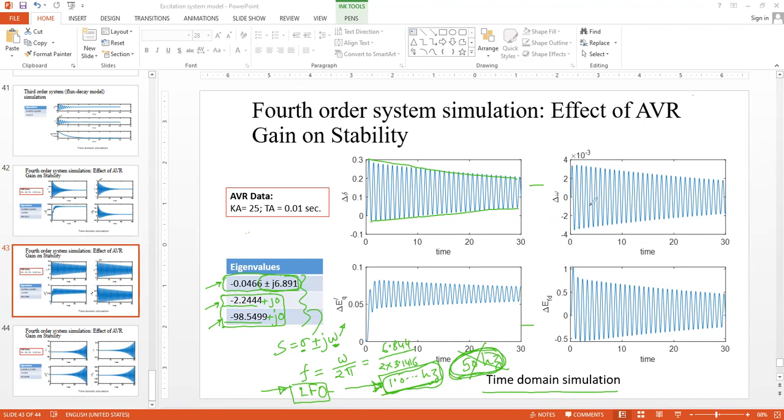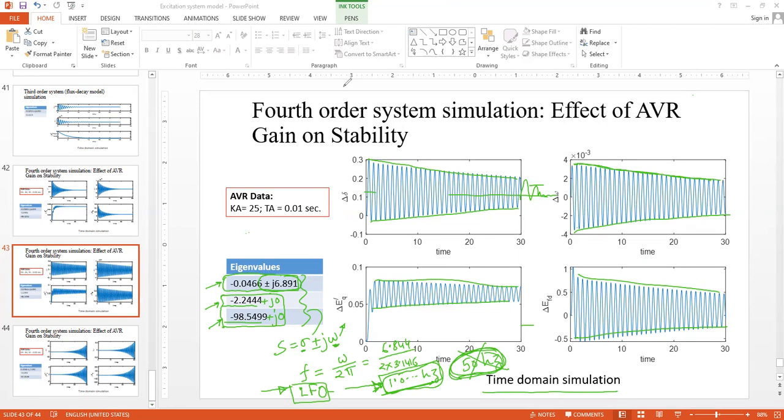So probably it would take much longer to settle down to steady state values. A similar response is observed for all the other three variables. Even within 30 seconds it's not settled, but it has a tendency to get settled ultimately to the steady state values.